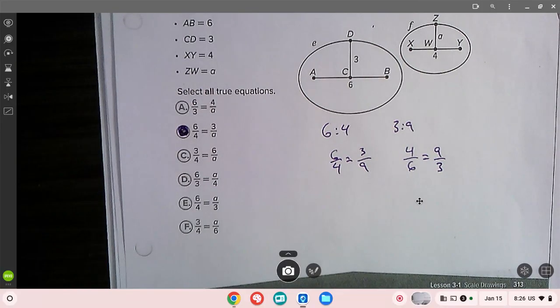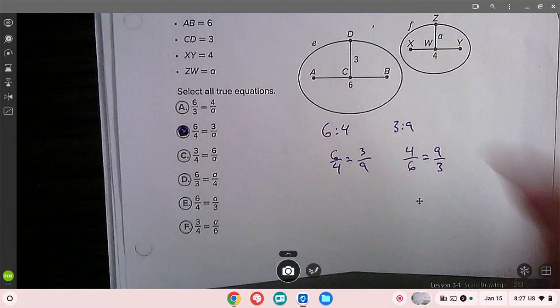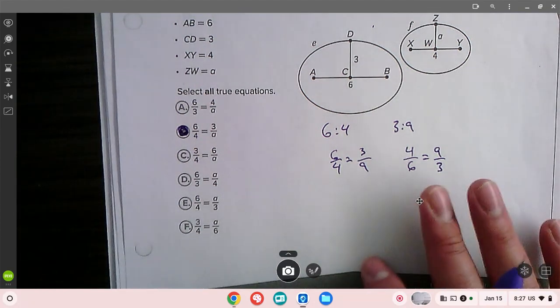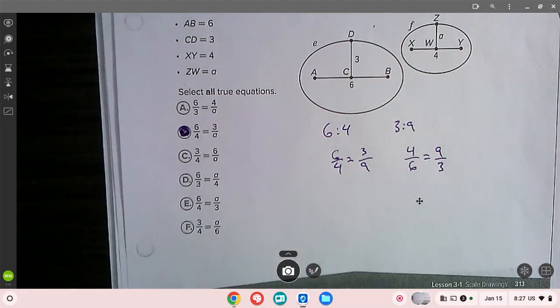So both of these would get you the correct answer. It just depends on if we're going from the smaller one to the bigger one or the bigger one to the smaller one, but you're always going to get the same answer for A. So the only one that's true for this one is B.